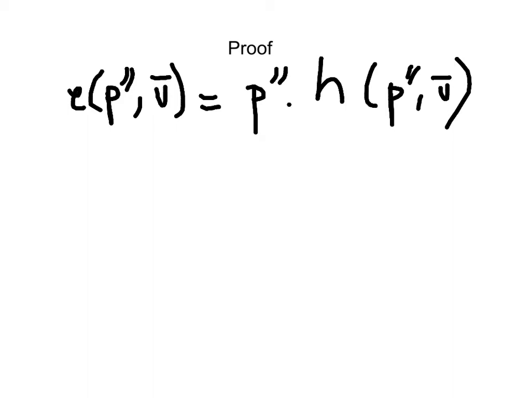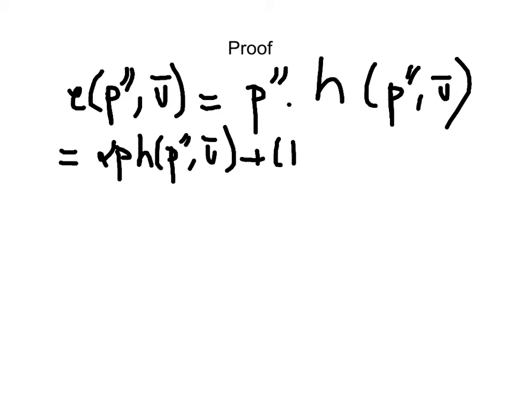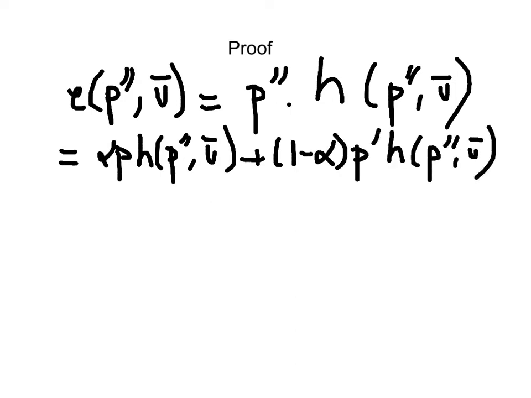Now, because of how I've constructed P double prime, as the linear combination of P and P prime, this is equal to alpha P times H plus 1 minus alpha P prime times H. Now look at this expression very closely.